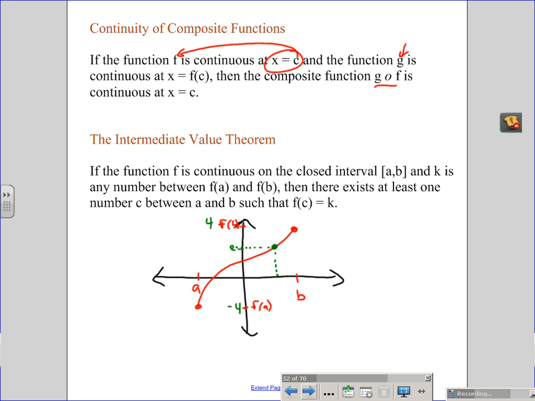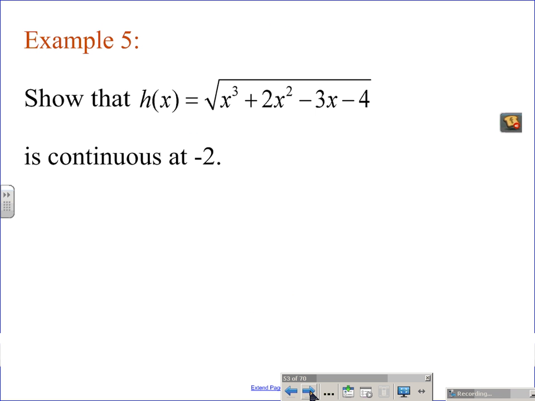Okay, so now let's see if we can clarify the continuity of composite functions. Here we have an example. I have h of x. We have a somewhat complex function, and I want to see if I can use composite functions to simplify it a little bit.